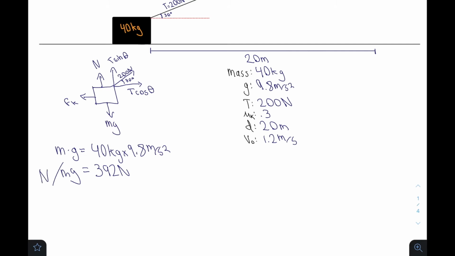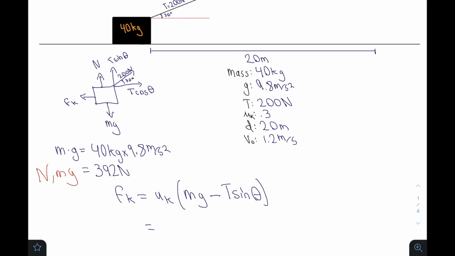Now we also have to define the friction force. Friction force is not as straightforward in this example, as it's going to equal the coefficient of friction times the normal force, mg, but it's also minus the vertical component acting on the box, because that component is basically helping pull the box upwards and reducing the work friction is doing. So that's going to be T sine theta.